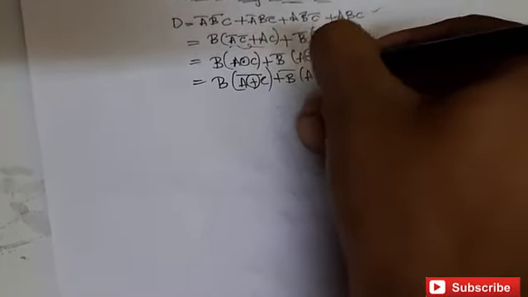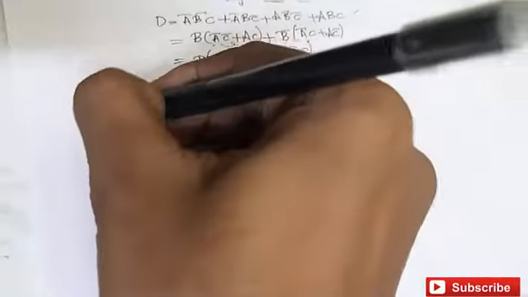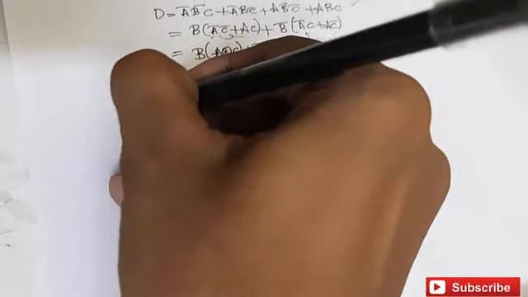So if I make the complement, I will get B into A XNOR C plus B bar into A XOR C. This can be written as B XOR A XOR C. This is said to be the difference.